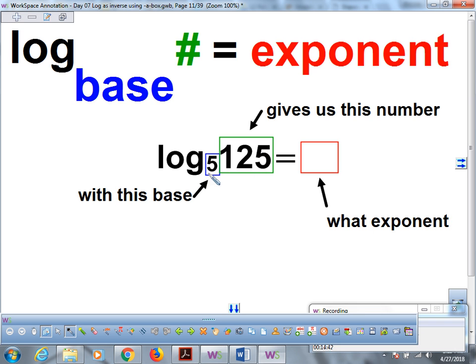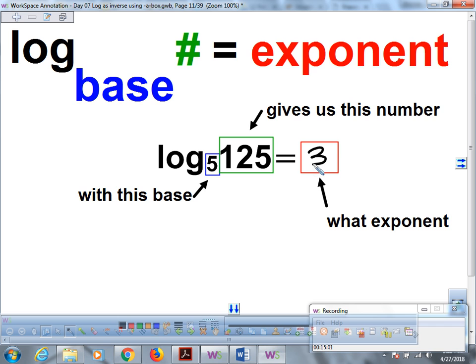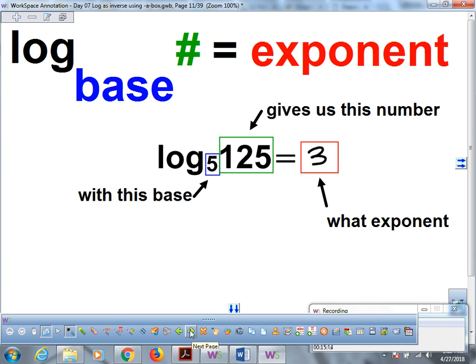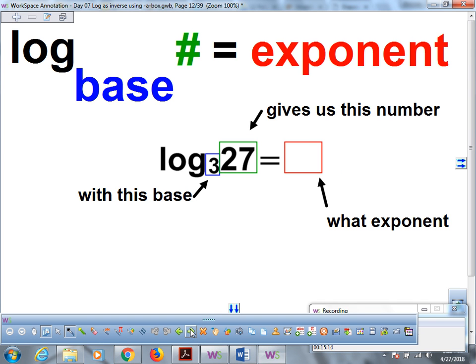So 5 to the 3 gives me 125. I'm finding exponents, right? I'm trying to find the exponent to the base. What about this one? What exponent with this base gives me this number, 3. Ready for me to step it up?